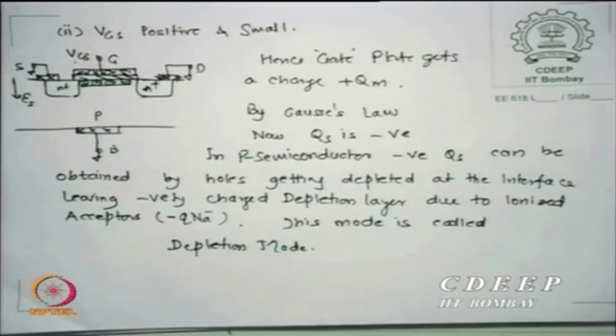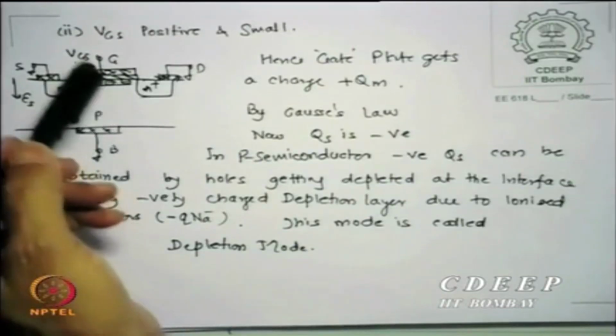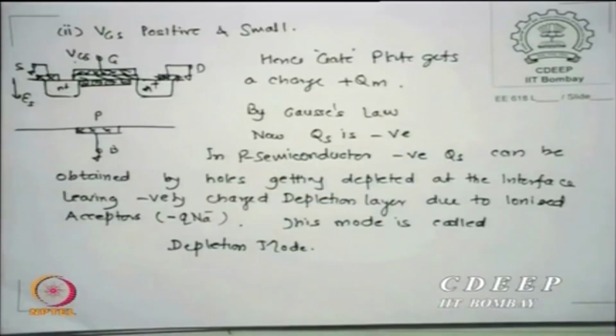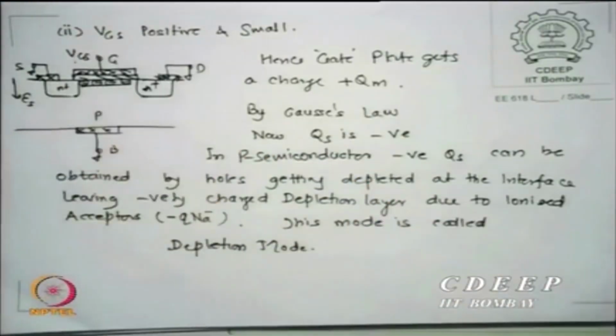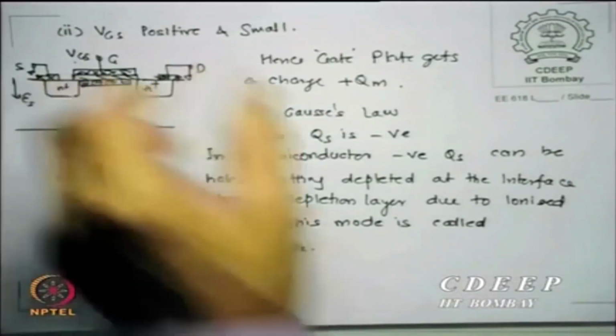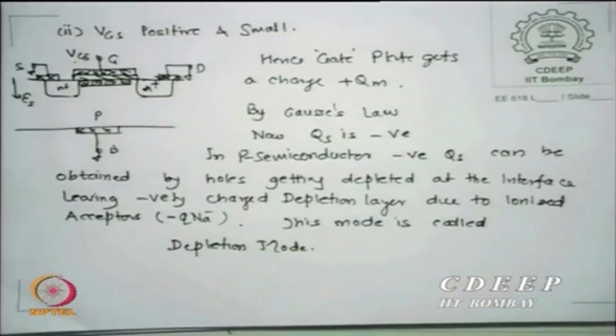So we now see a depletion region. This depletion region will enhance because it is a charge density issue. If you increase charge, the area is the same, so the charge density of Qm increases. If Qs has to increase, its thickness must increase, because otherwise the equivalent charge density cannot be created.